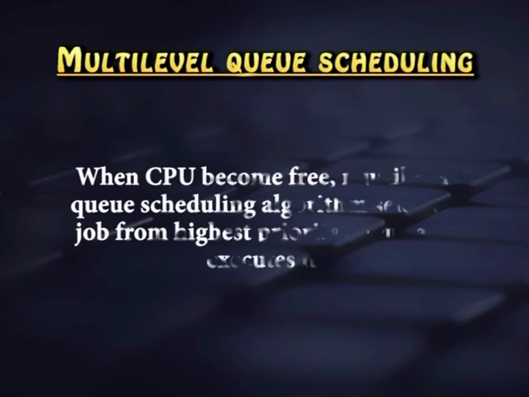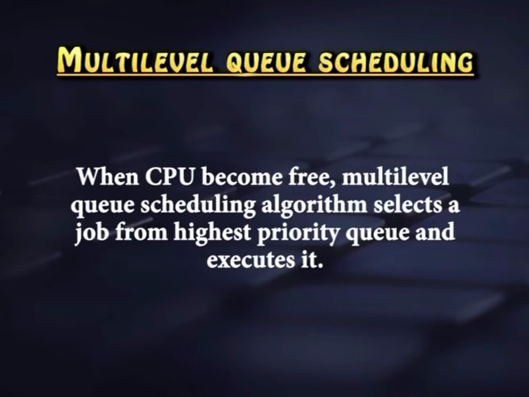Each queue has its own priority. When CPU becomes free, multi-level queue scheduling algorithm selects a job from highest priority queue and executes it. When all the processes from highest priority queue are processed, only then the processes from other queues will be served.